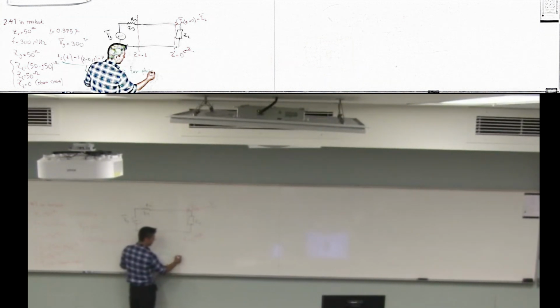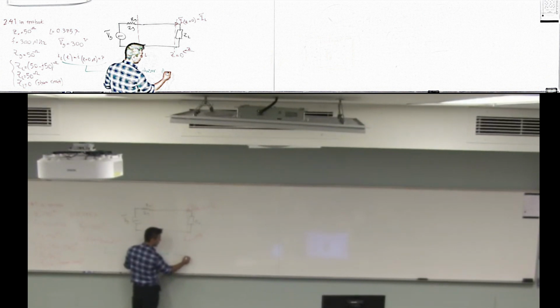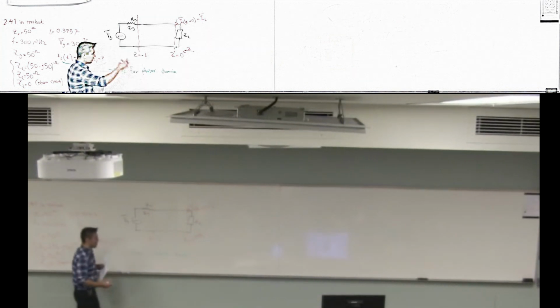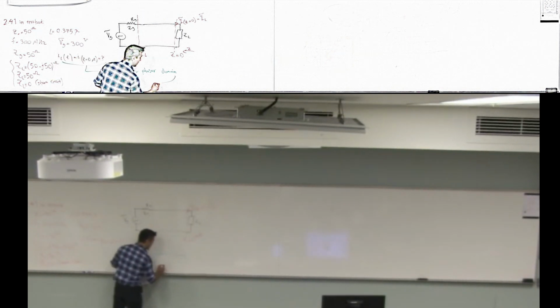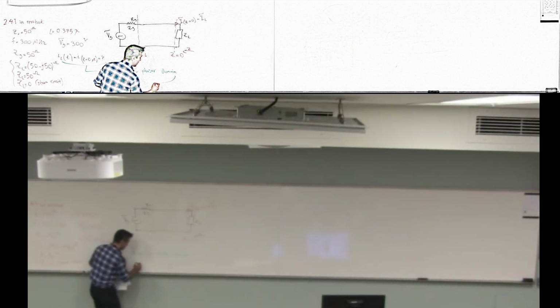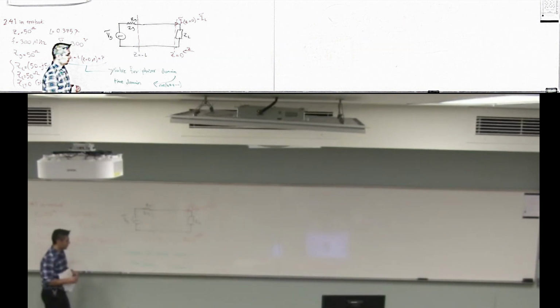Because the purpose of using the phasor is to simplify the whole math, as I mentioned. So always solve it in the phasor domain, and then bring it back to the time domain by adding cosine of omega t plus the rest. Okay?